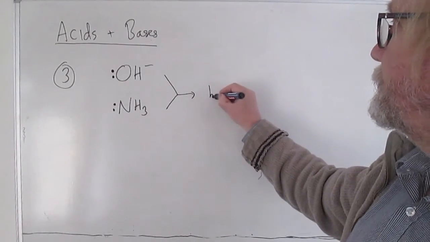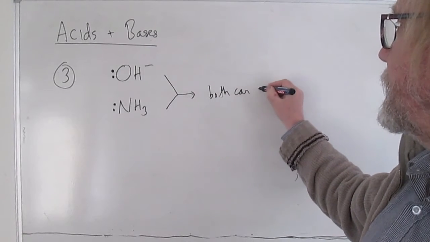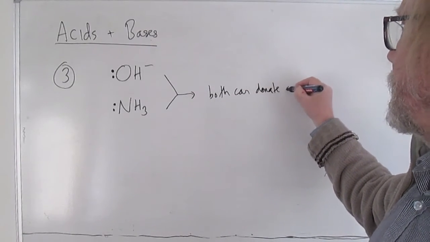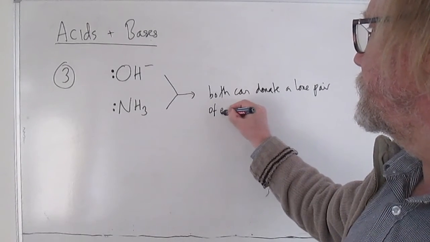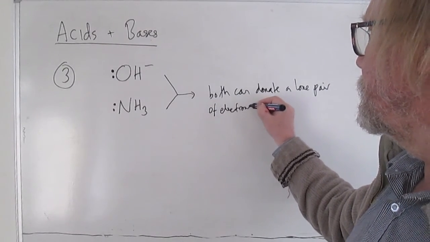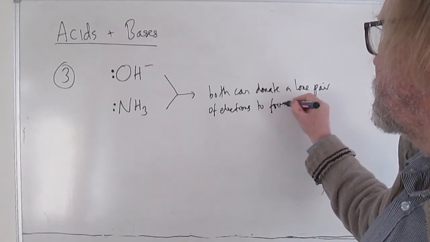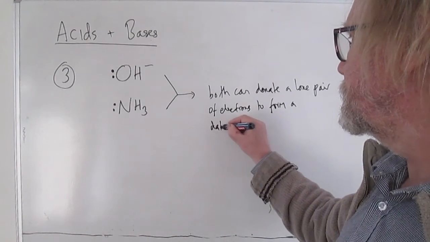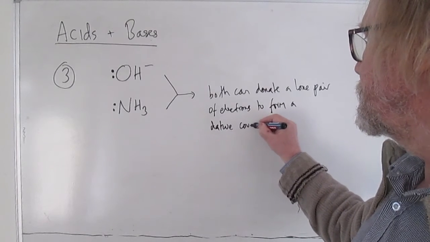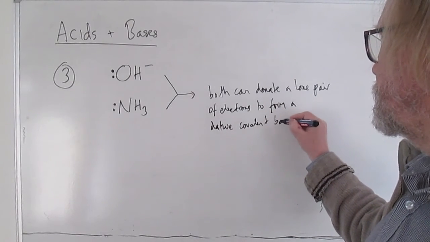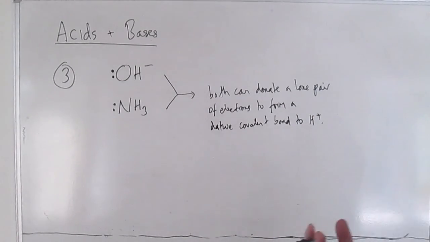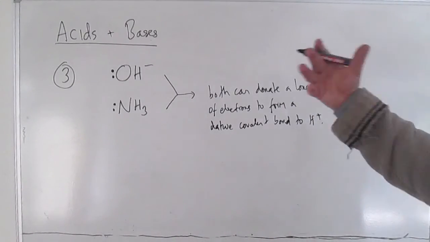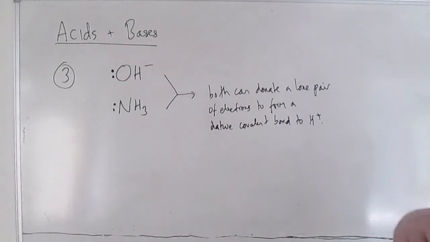And the answer is that both can donate a lone pair of electrons to form a dative covalent bond to H+. So that's just really looking in a bit more detail at what we mean by accepting a proton. We really mean using a pair of electrons to form a dative covalent bond to an H+ ion.